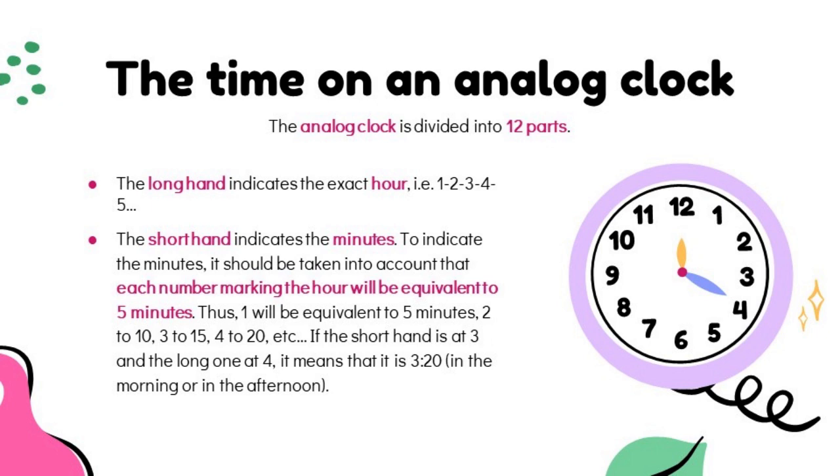To indicate the minutes, it should be taken into account that each number marking the hour will be equivalent to 5 minutes. Thus, 1 will be equivalent to 5 minutes, 2 to 10, 3 to 15, 4 to 20, etc. If the shorthand is at 3 and the long one at 4, it means that it is 3:20 in the morning or in the afternoon.